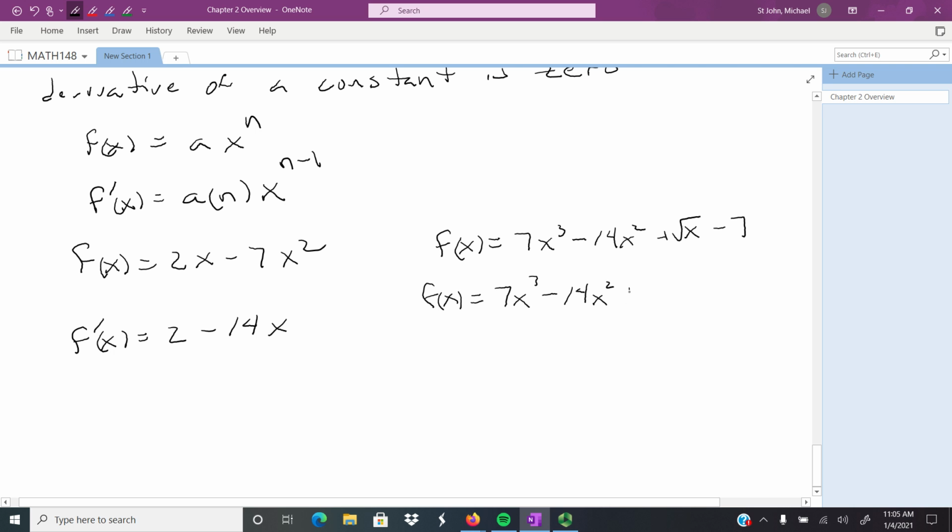Square root is the same thing as x to the 1/2. And so I get that. Now I can do my derivative. So this is 21x squared minus 28x plus 1/2 x to the minus 1/2. And then the derivative of a constant is 0.